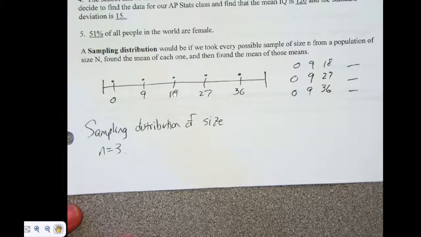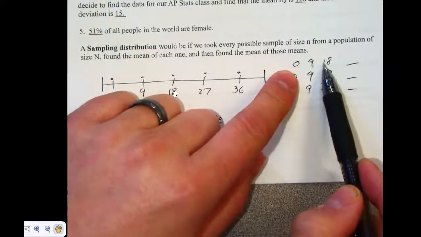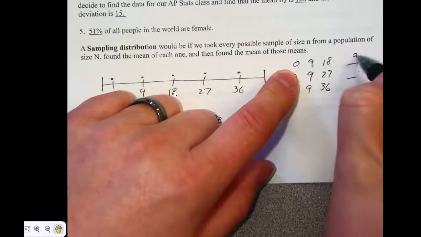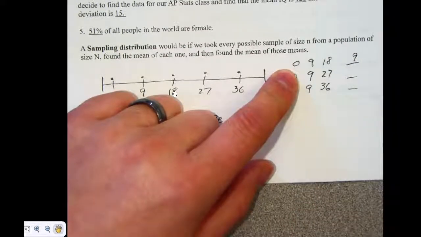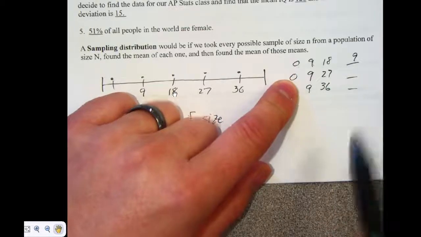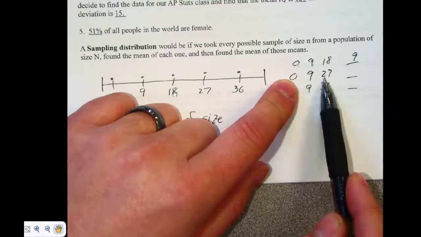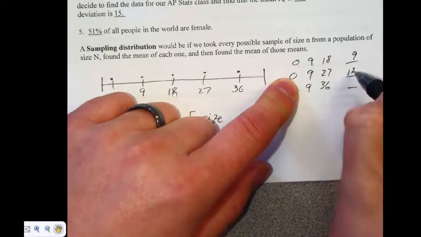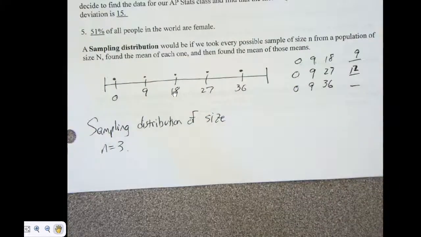Does that make sense what I'm asking? So like the first group of 3 would be 0, 9, 18. What's the average of those 3 numbers? That's an average. So then the 0, 9, 27, you add those up, you get 36 divided by 3, that average is 12. I want you to keep going and do that with all 10 of the possible combinations. Does that make sense what I'm asking?